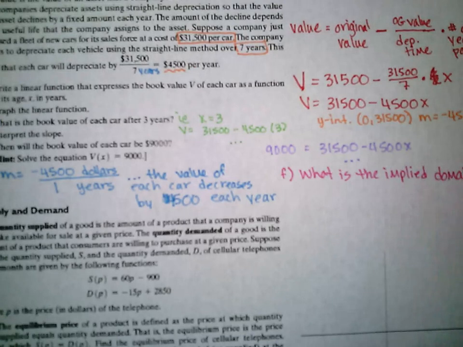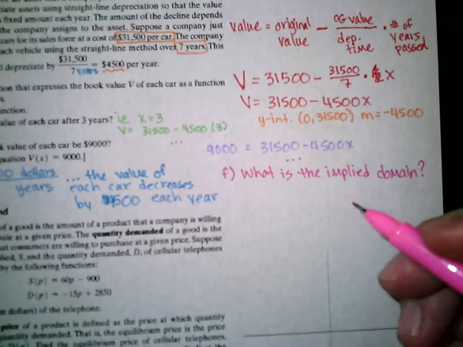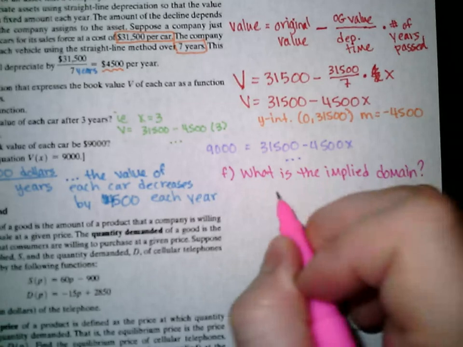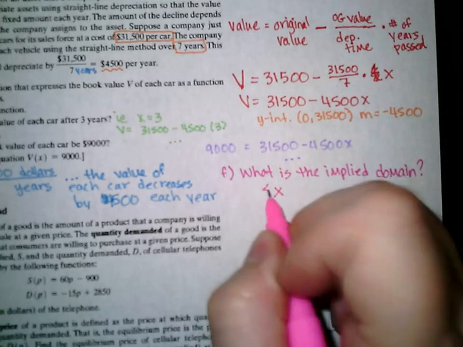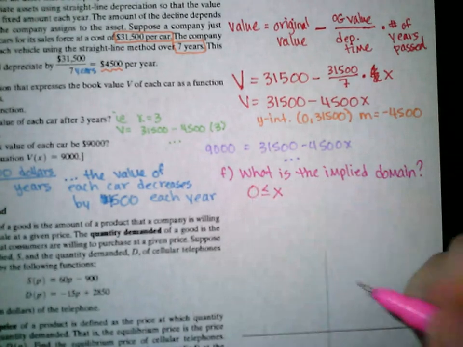We've talked about the domain for a line. We said the domain for a line is all real numbers, which it should be. If we graph this line, it would go on forever in both directions. But the x values have meaning in this problem. The x values represent time, so we would want to restrict our x values. We wouldn't want time to be negative, so we'd say x has to be greater than or equal to 0.